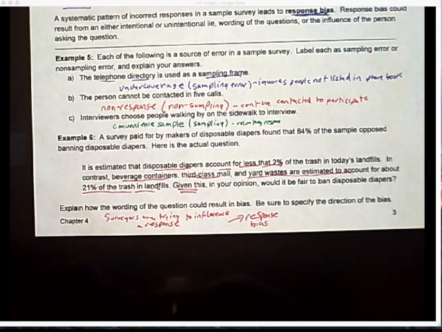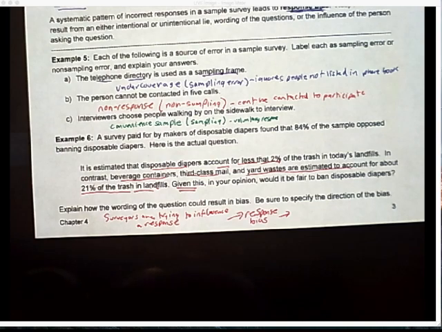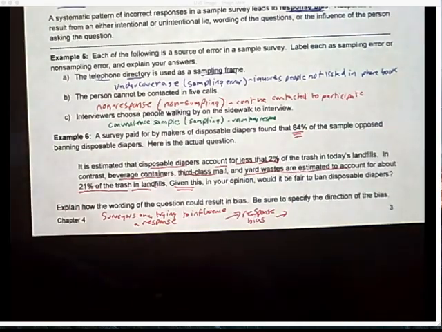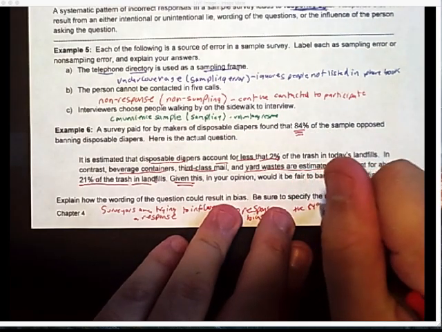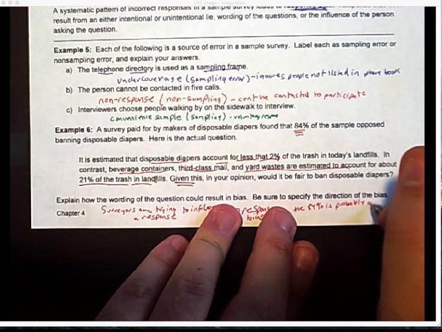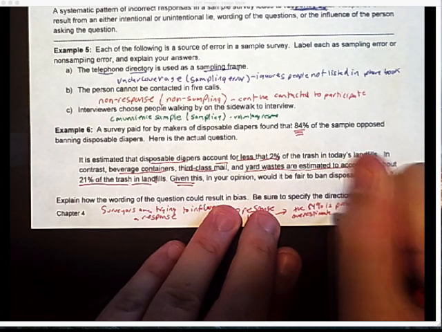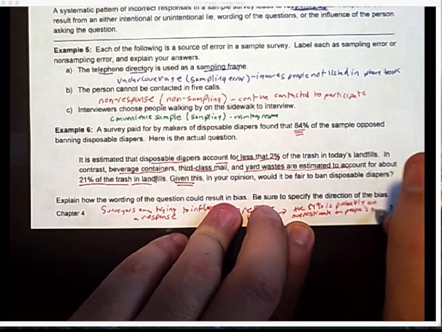Okay. So it also tells me to specify the direction of the bias. This number is probably higher. Okay. The 84% is probably an overestimate on people's true opinion.